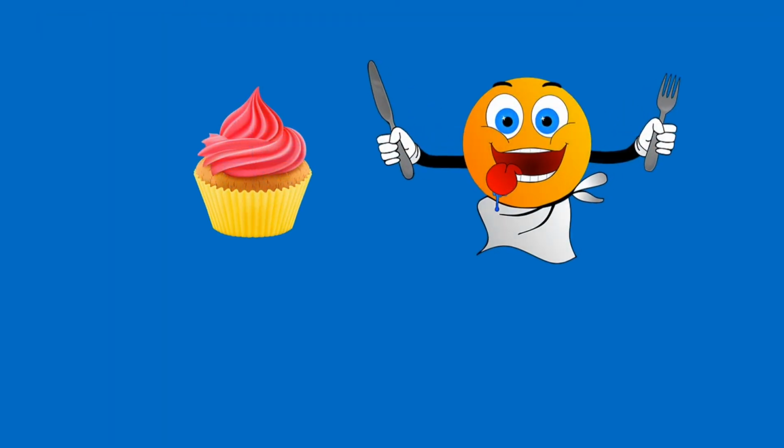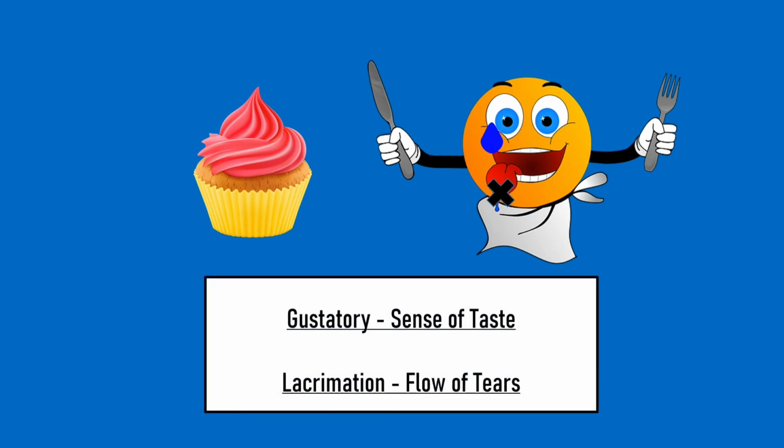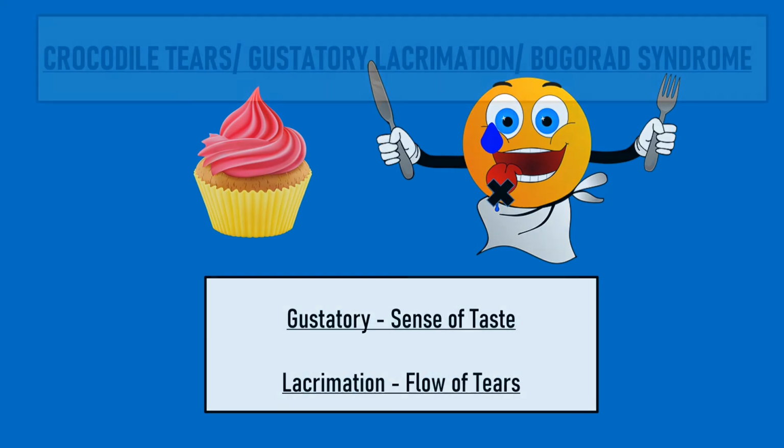So in a normal situation, we salivate in response to the sensations of taste or smell. But in gustatory lacrimation, the patient does not salivate. Instead, tears come out of his eye, and that is why it is called gustatory lacrimation. Gustatory means the sense of taste, and lacrimation means the flow of tears.